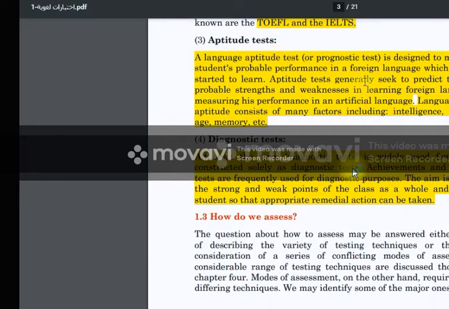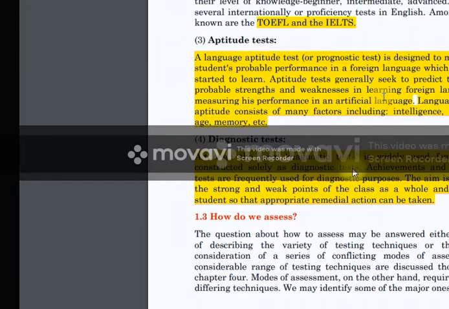So at the beginning of the semester, the goal is to measure the students' probable performance in a foreign language, which he has not started to learn.